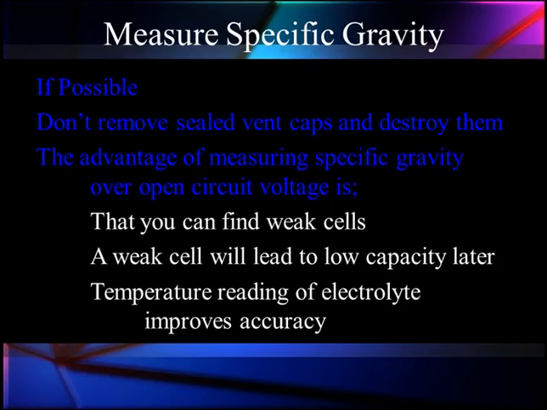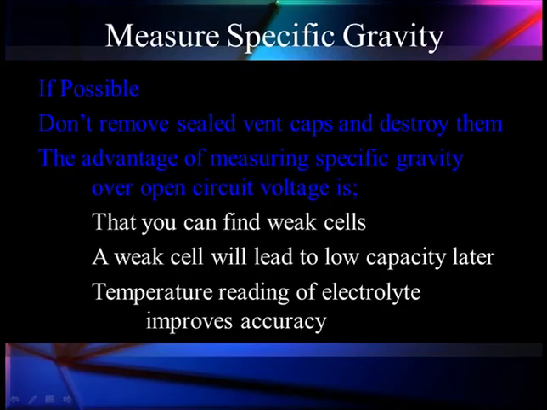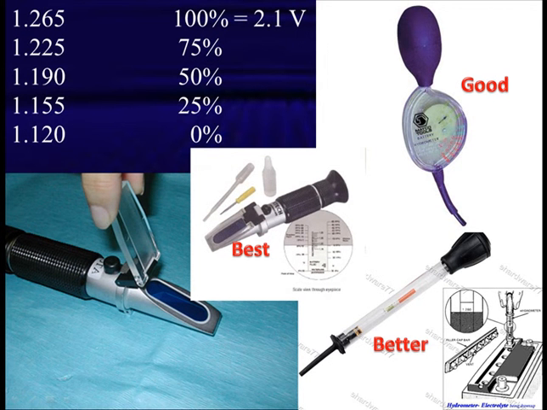Then the temperature of the electrolyte helps improve accuracy because most of the better systems of measuring specific gravity also show you the temperature. Let's talk about the results from our specific gravity test. If we read 1265, for you mathematicians, that's 1.265 specific gravity, which is equal to 100%.